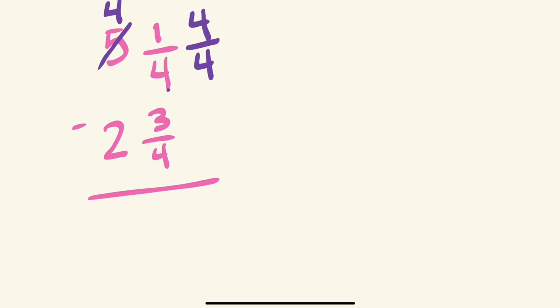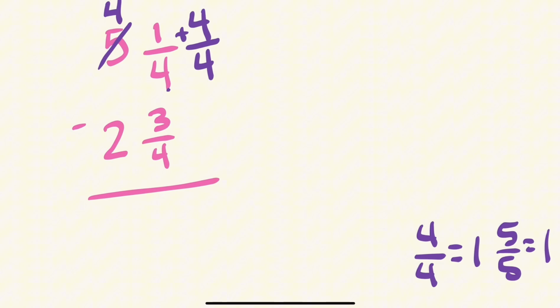So 4 over 4 is equivalent to 1. We know that any number that is the same as your numerator and denominator will always equal 1. With that, now we're going to add 1 whole to your 1/4.